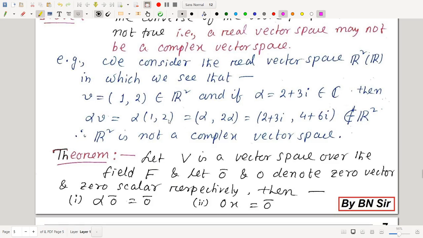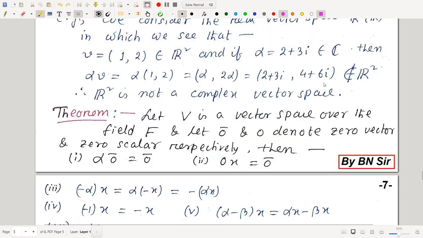But alpha is 2 plus 3i and 2 alpha means 4 plus 6i, so this is complex comma complex, and this does not belong to R square. This is not an ordered pair of real numbers, so it does not belong to R square. Therefore, R square is not a complex vector space. This R square is not closed under scalar multiplication. That's why R square is not a complex vector space, not a vector space over capital C.